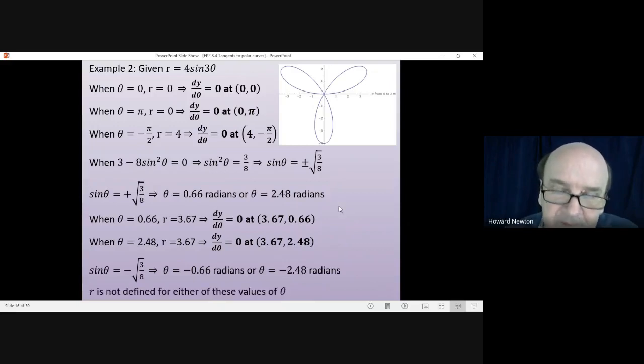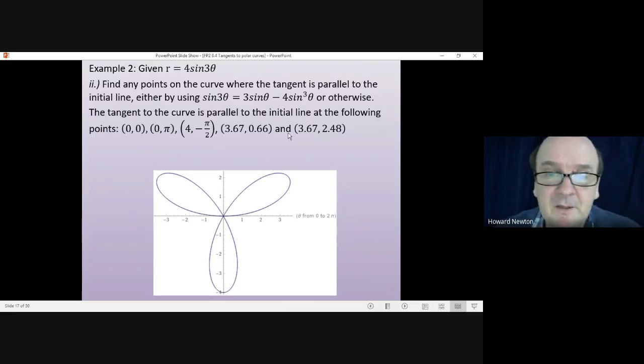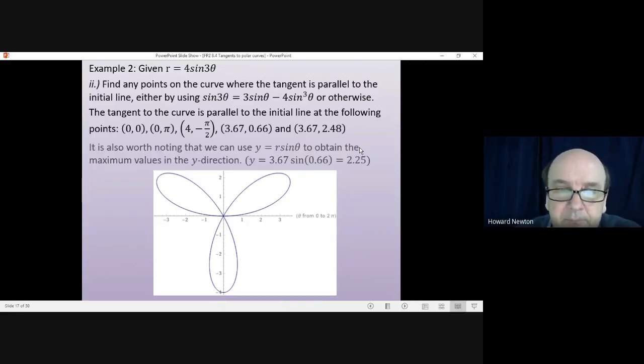So r isn't defined for either of those, which means that the tangent to the curve is parallel to the initial line at those 5 points: 0, 0; 0, pi; 4, minus pi by 2; r equals 3.67 and theta equals 0.66 radians; and r equals 3.67 and theta equals 2.48 radians.